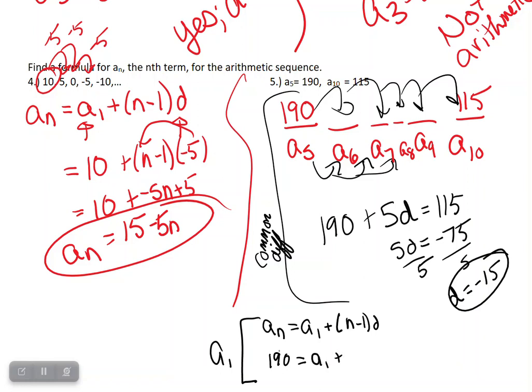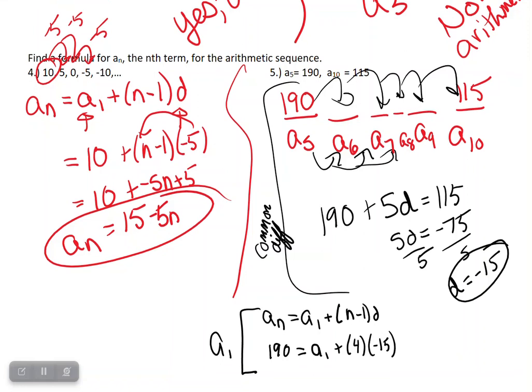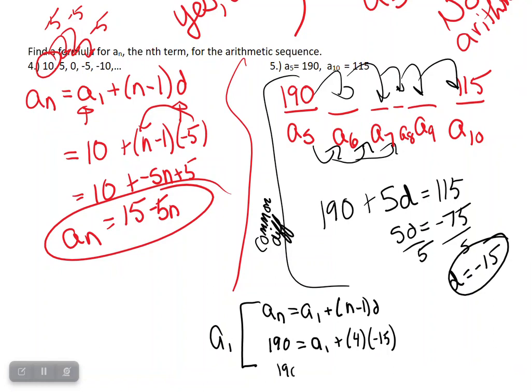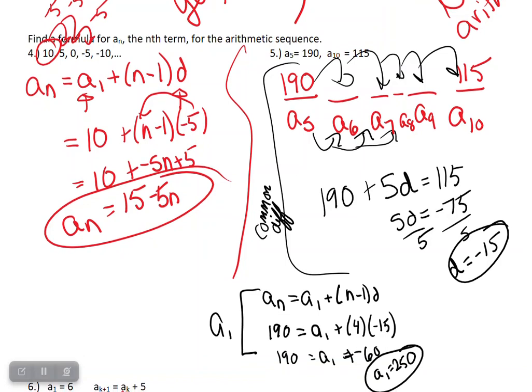If this 190 is the 5th term, then that's 5 minus 1, which is 4, times negative 15. So 190 equals a sub 1 plus negative 60. A sub 1 equals 250. So now I have the common difference and I have a sub 1.